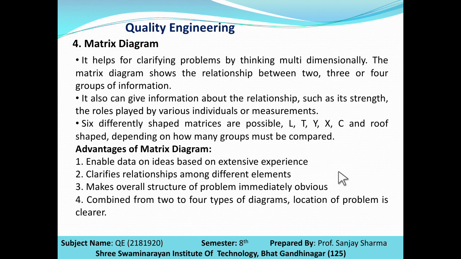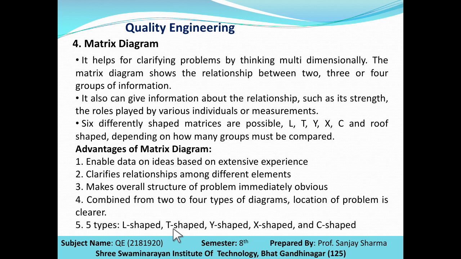When you combine the L, T, Y, X, C type diagrams, you will get the location of the problem very clearly. The types are L shape, T shape, Y shape, X shape and C shape diagram.